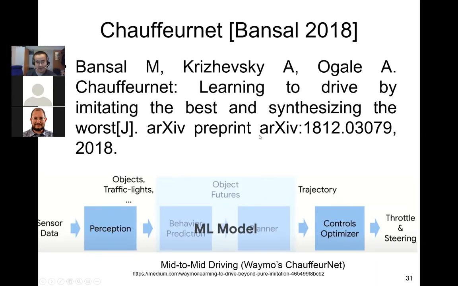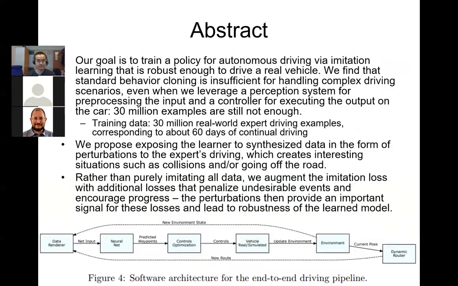So let's discuss ChauffeurNet from 2018. This is a mid-to-mid approach. So the abstract: our goal is to train a policy for autonomous driving via imitation learning that's robust enough to drive a real vehicle.